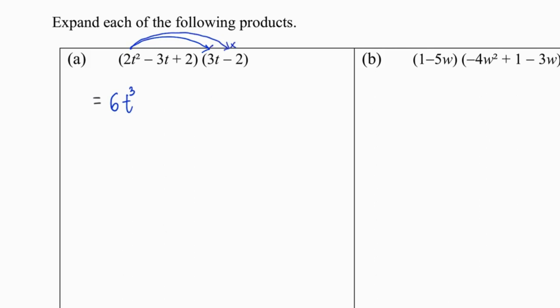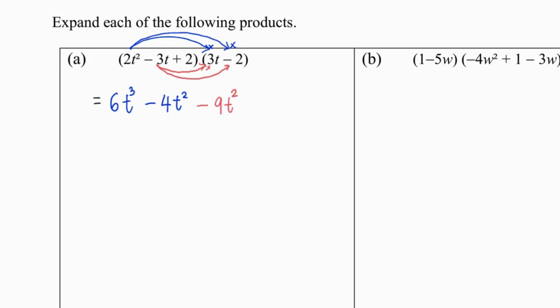2t squared multiplied by negative 2 will give me negative 4t squared. Negative 3t multiplied by 3t will give me negative 9t squared.